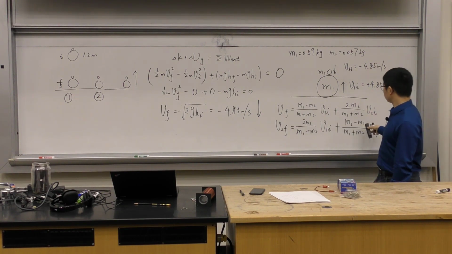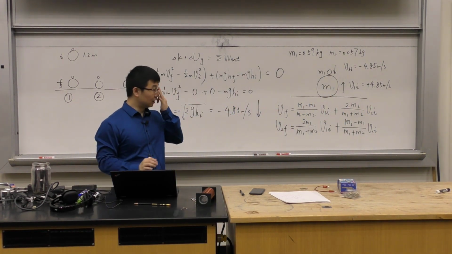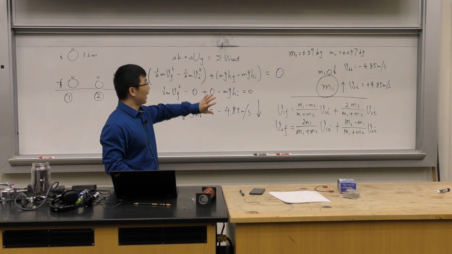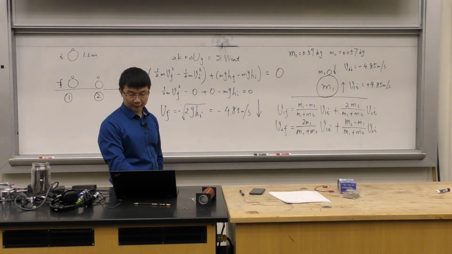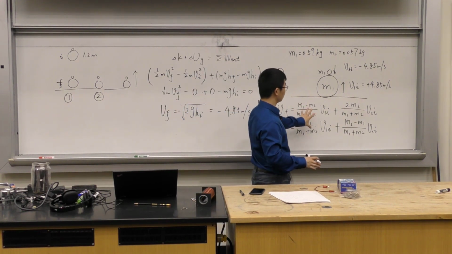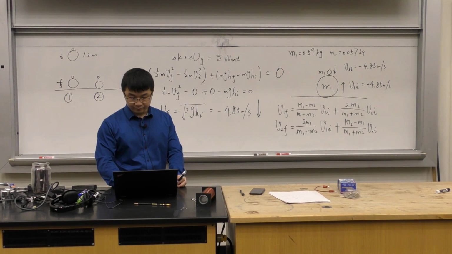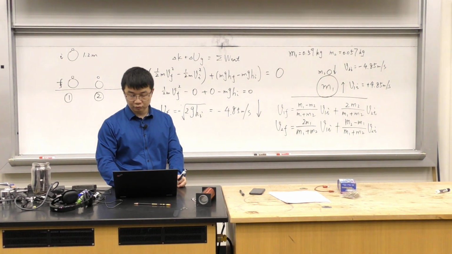Now I have all the numbers I need. I can plug numbers in and find V1f and V2f after these two balls collide. Do the algebra carefully, put numbers into these two equations. Pause the video, do the algebra, and see if you can get the same answer.